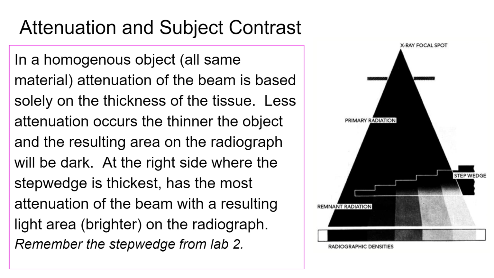And we were pretty easily able to prove that the thinner part of the wedge shows up darker because it lets more radiation through. On the opposite side, where it's the thickest step, you get a lighter image.